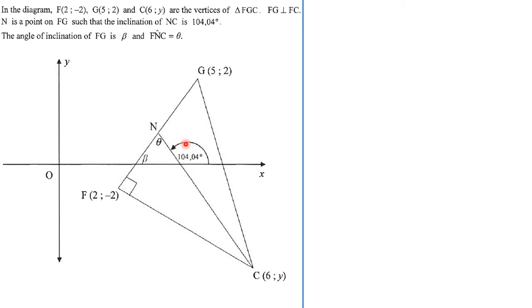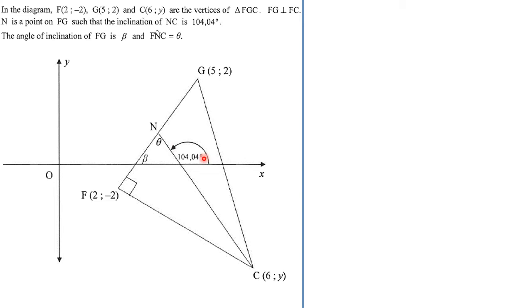Our horizontal line in a Cartesian plane is the x-axis, so it is measured from the x-axis anti-clockwise to the other arm. Why anti-clockwise? Because angles measured anti-clockwise are considered to be positive. So the inclination angle is positive in this case.